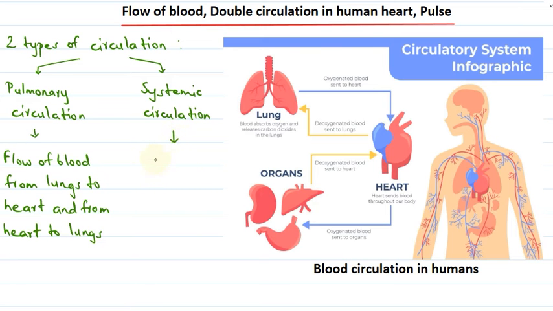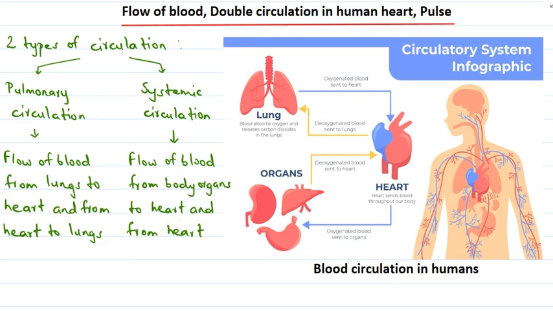Okay, so what happens in systemic circulation? So systemic flow of blood is the flow of blood that takes place from body organs, from different body organs to the heart and again from heart to different body organs.